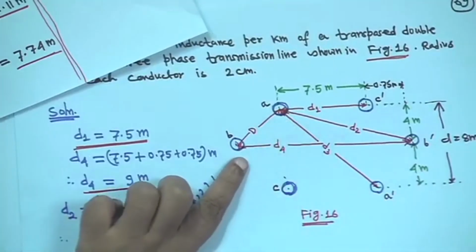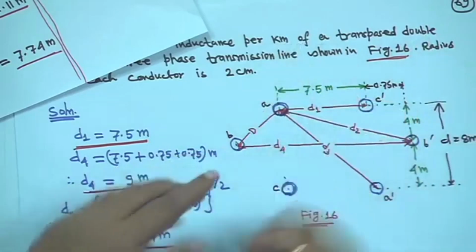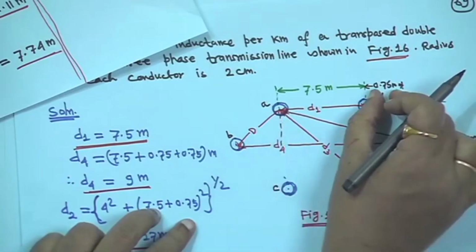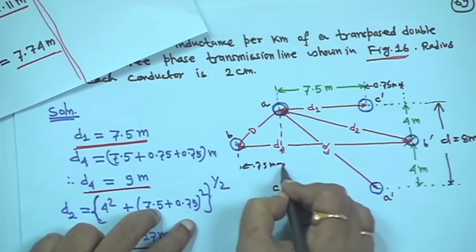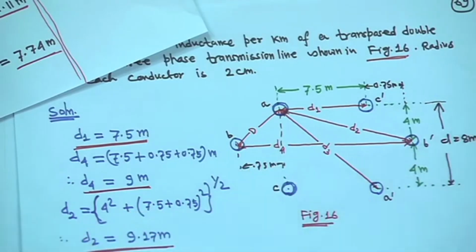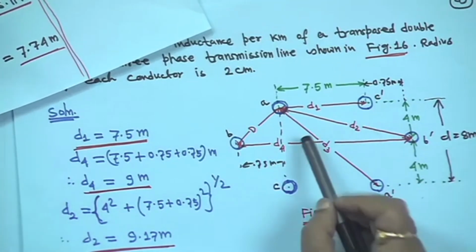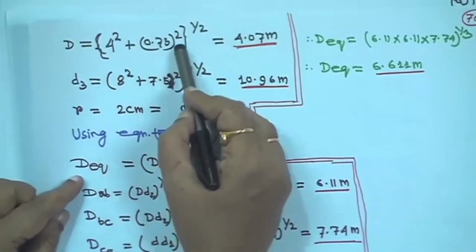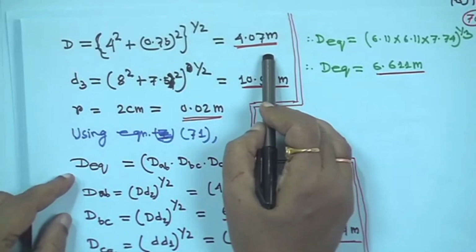If you make it like this, the height is 4, and this side is 0.75, so this is also 0.75 meter. That means d is equal to 4 square plus 0.75 square, to the power half, the square root, which is equal to 4.07 meter.